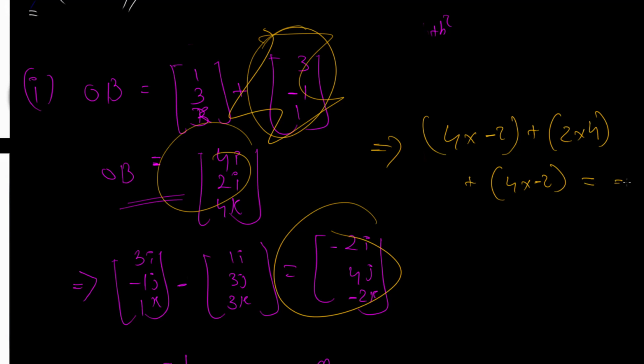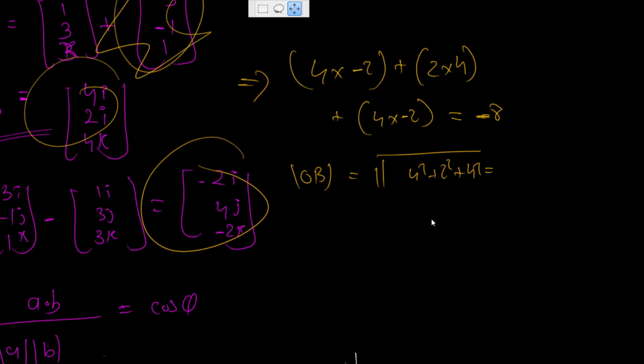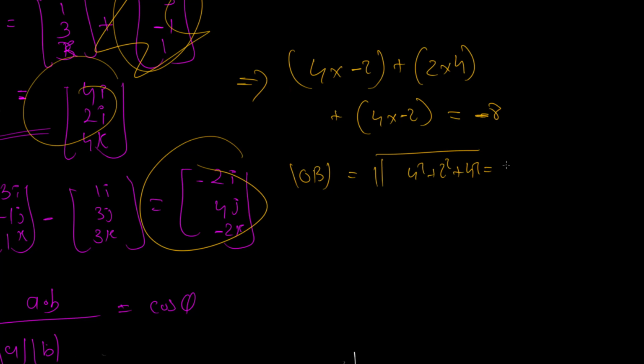The dot product for this case would be minus 8. The modulus for OB will simply be root of 4 squared plus 2 squared plus 4 squared, which gives us the value 6.